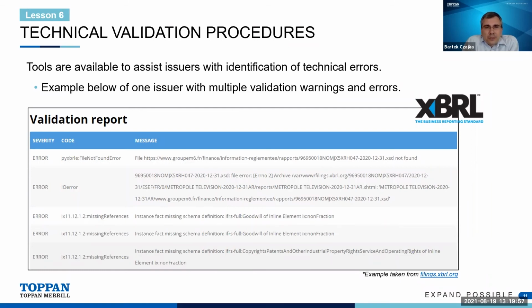But the point is that you should be working in a system or with a service provider that makes sure that those warnings do not appear. Good software should eliminate those warnings, as well as a good service provider should talk to you if the warning is a result of something that you might have incorrectly in your financials. And you should be able to eliminate those errors from your filing.